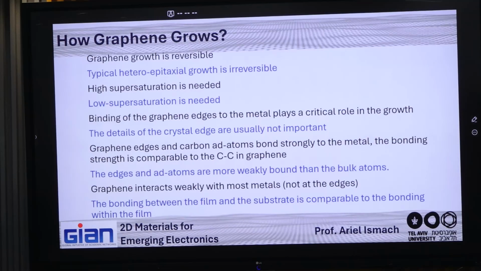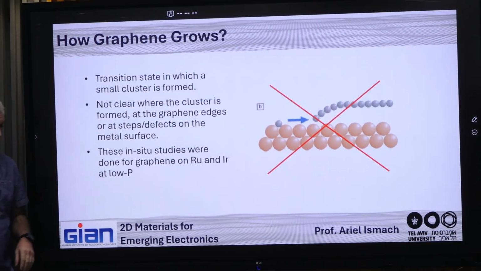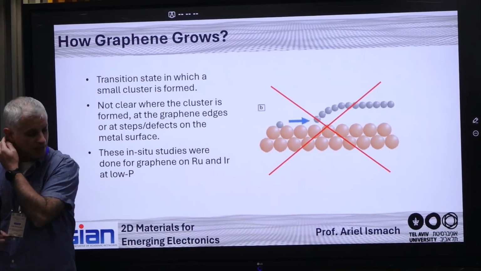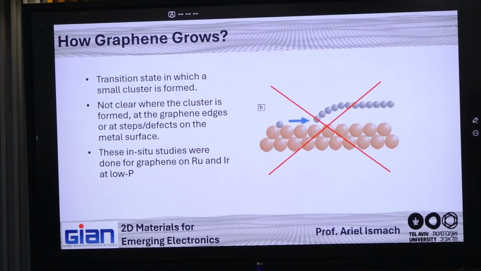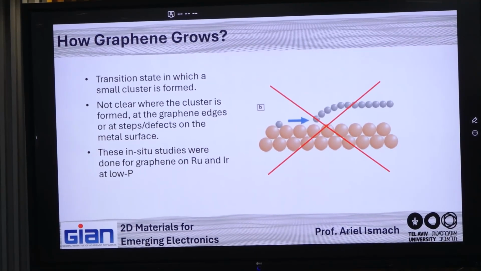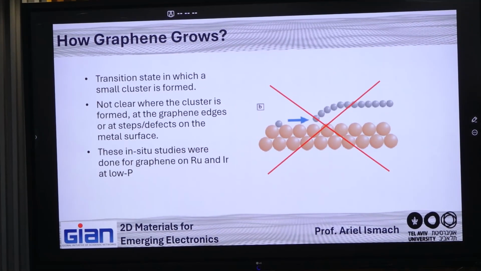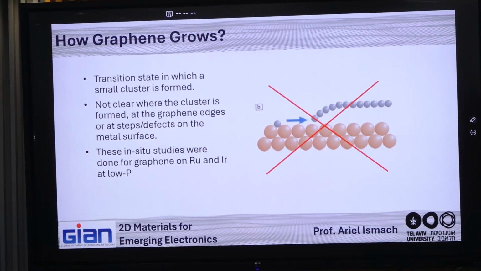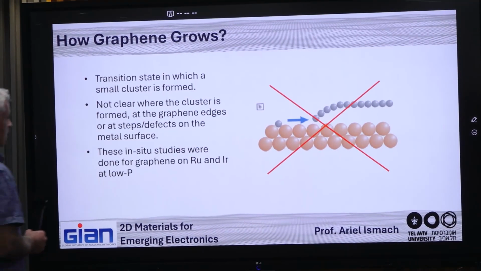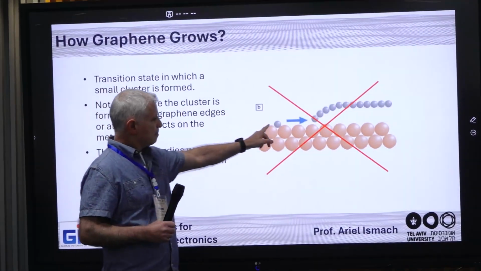The answer to that came from two theoretical groups, one from Rice, the other one from a national lab, where basically they say the same thing, with different numbers. They say, okay, this cannot happen.